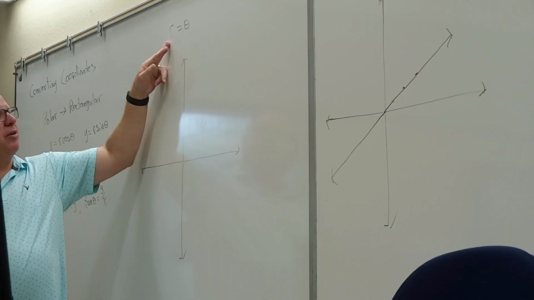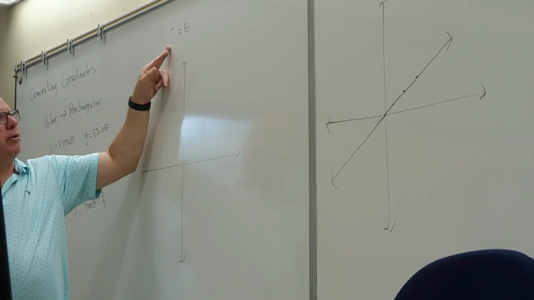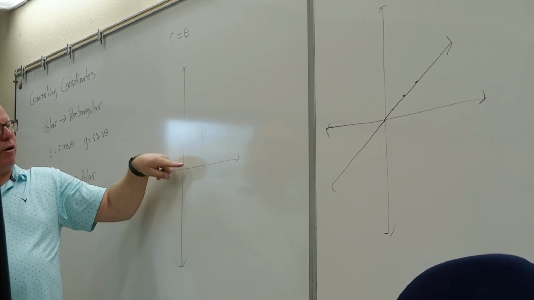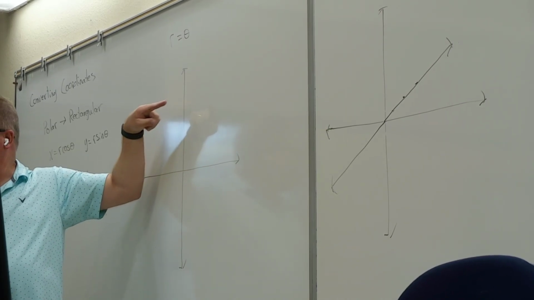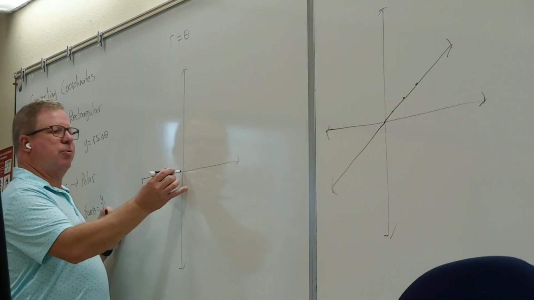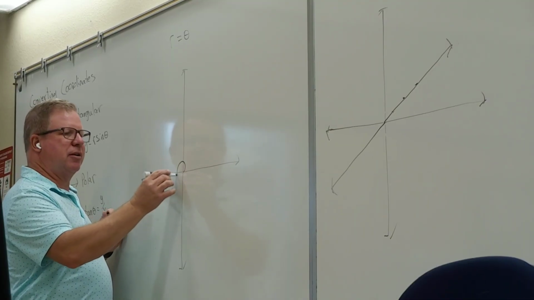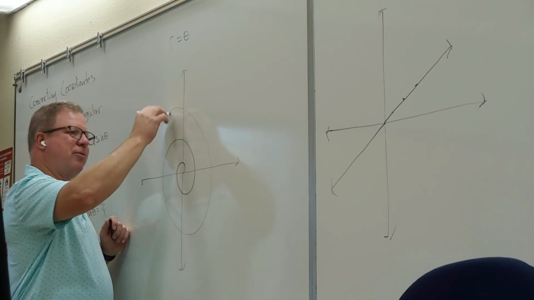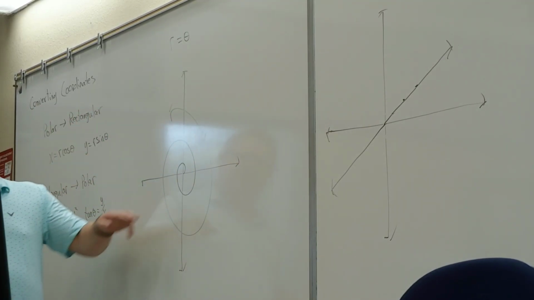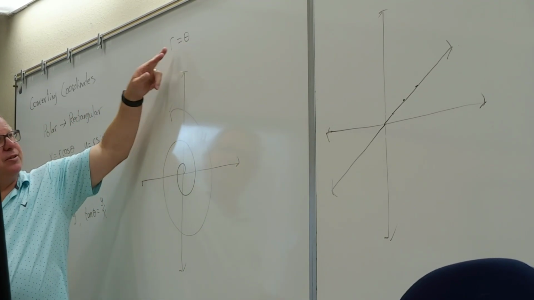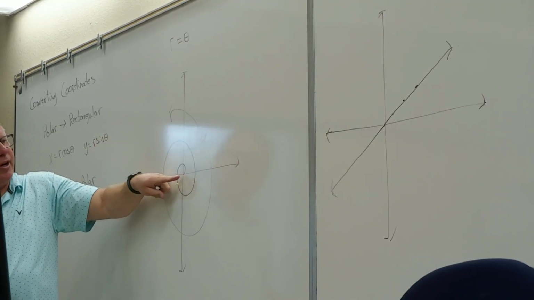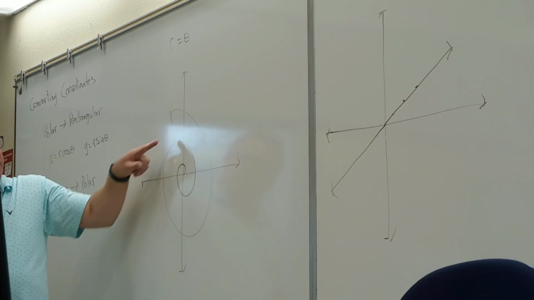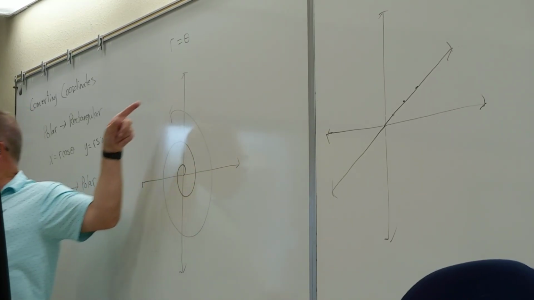Pi over 2, r is pi over 2. 2 pi, r is 2 pi. So as theta rotates, r grows, right? This will create a spiral. As theta increases, r increases. So as you rotate, you get further and further from the origin, which will make a spiral.